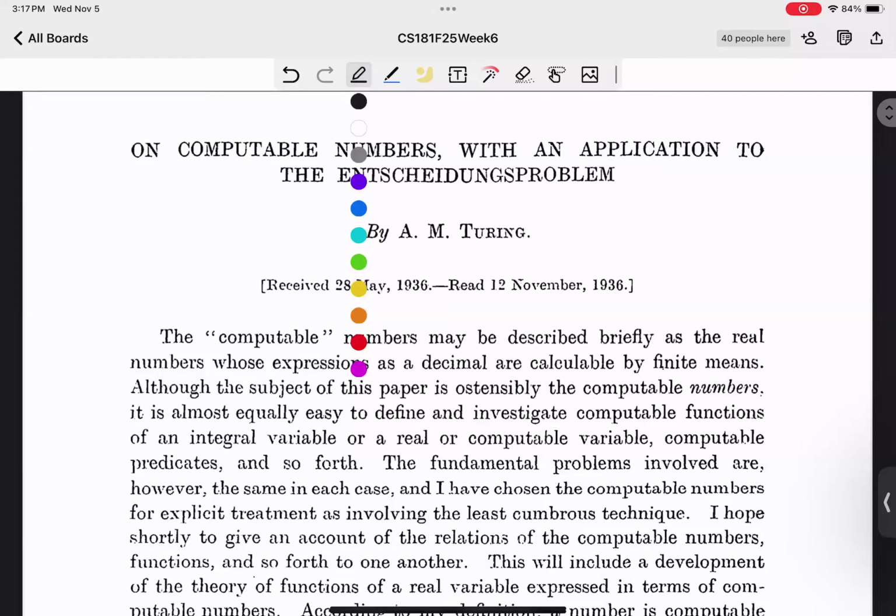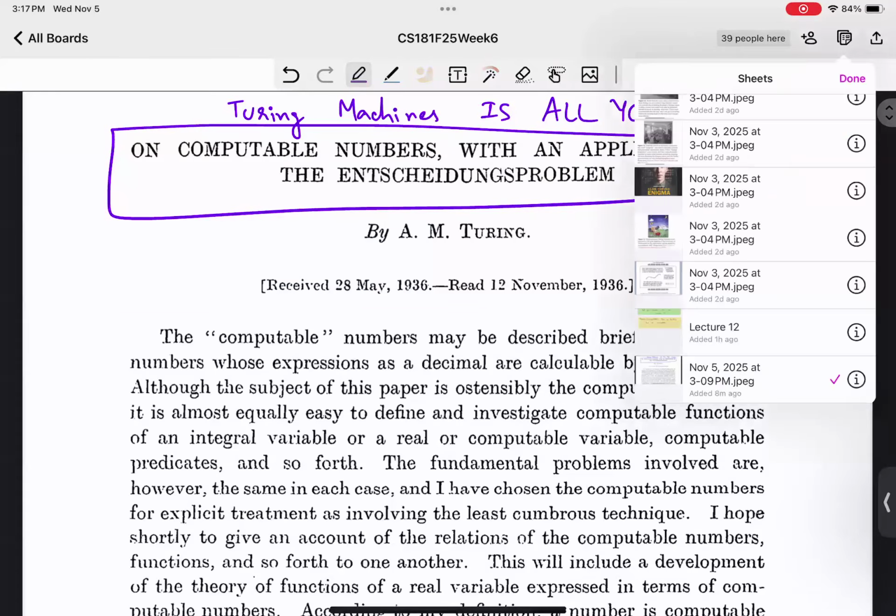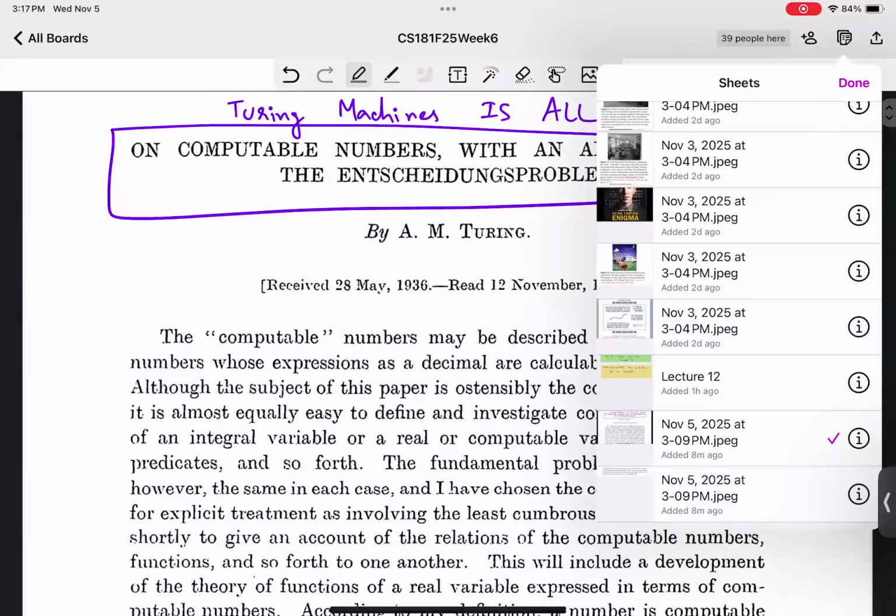Okay, so in some sense, if you're an ML person, I don't know if you know this joke, but if you're in machine learning, you would call this paper "Turing Machines Is All You Need." Okay, there's a famous paper called "Attention Is All You Need." This is a pun on that. Okay. Thankfully, Turing was more grounded.